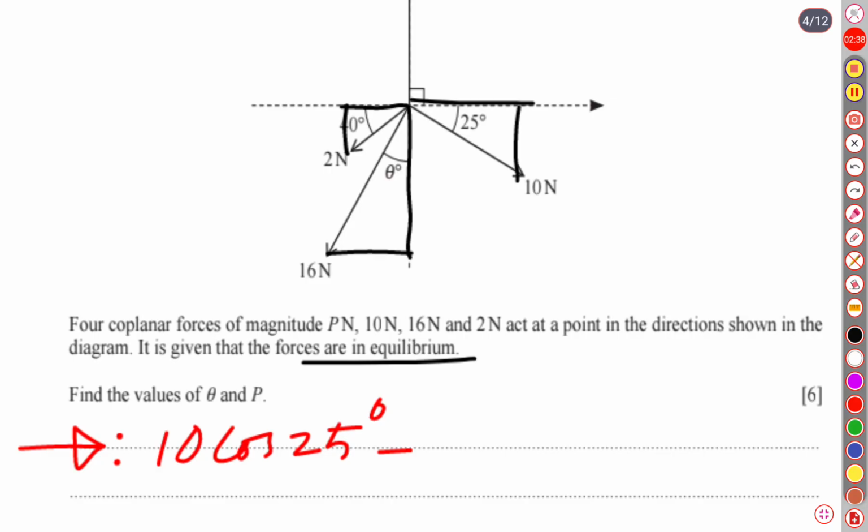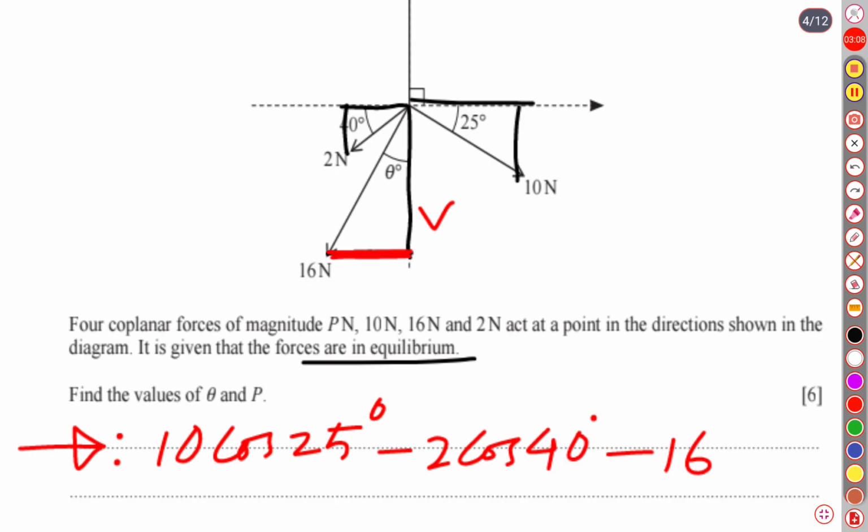Minus 2 Newton, second triangle, 2 cos 40 degrees. Then minus the third one, this triangle. It is 16, but we cannot use cosine of the angle here, because if we look at the triangle, we are resolving the forces horizontally.